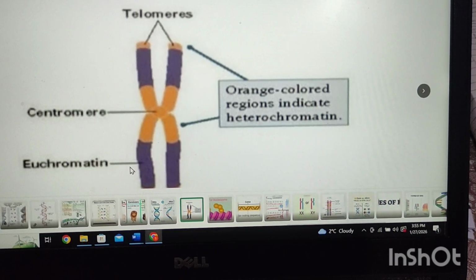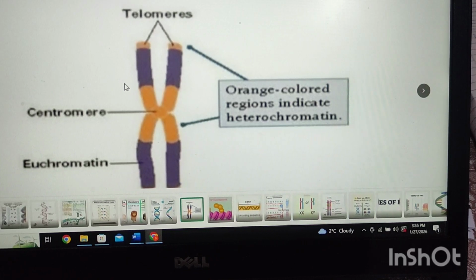After that, it again has two types. Telomere and centromere are called constitutive heterochromatin. The remaining portion which is near them is known as facultative heterochromatin.